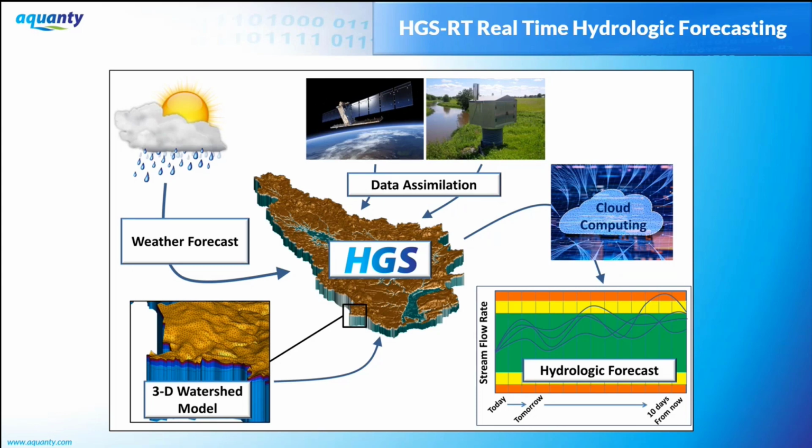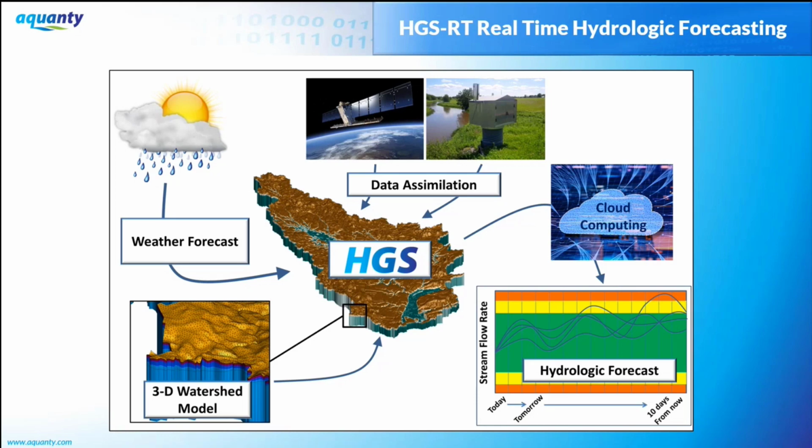Now, I'll move on to another topic, HydroGeoSphere real-time hydrologic forecasting. This is fairly new. We started it 3 or 4 years ago, but operationally it's quite new. Steve Fry and Derek at Aquanty are sort of leading the charge on this development, and others.